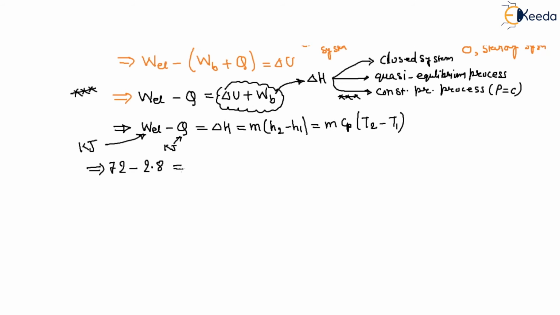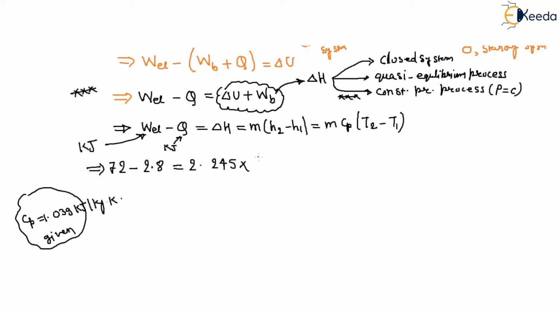It is equal to m, which is 2.245, times Cp. Cp of nitrogen is given: 1.039 kilojoule per kg Kelvin.